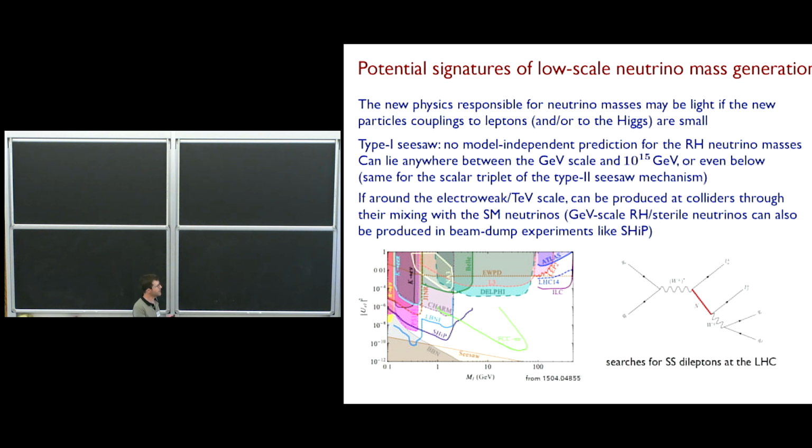Basically, I think I said this on my first slide: from a mechanism like the type 2 seesaw, we don't have a prediction for the scale of the sterile neutrinos. And if they are around the electroweak or TeV scale, they can be produced at colliders through their mixing with the standard neutrinos and constrained by many other experiments, which I'm going to discuss now.